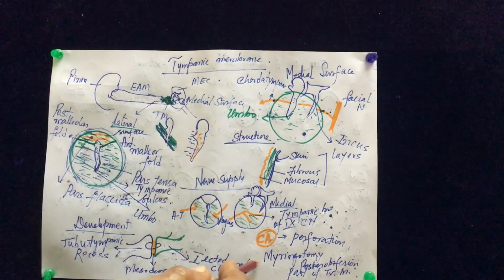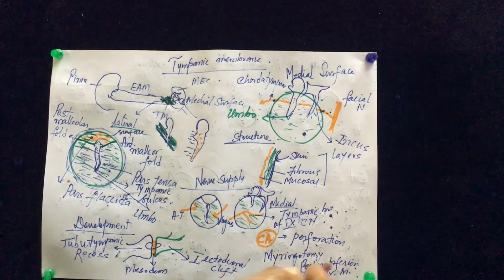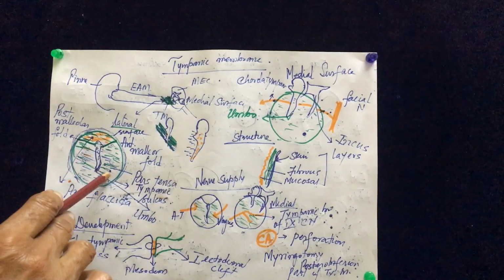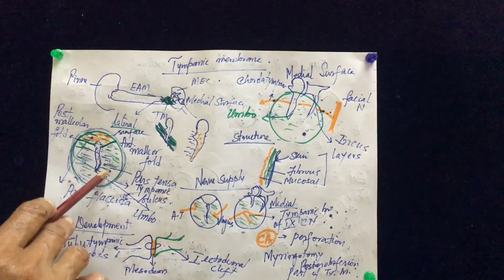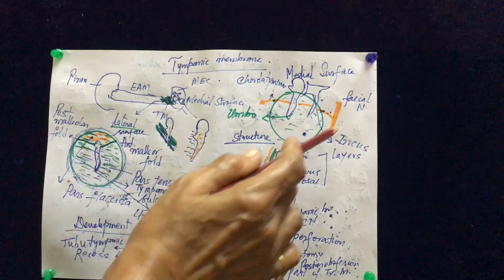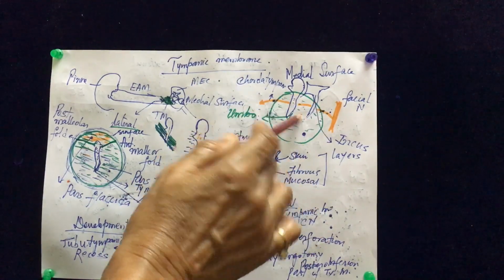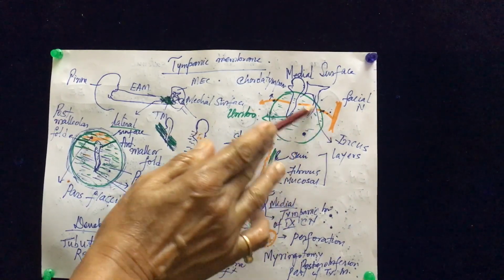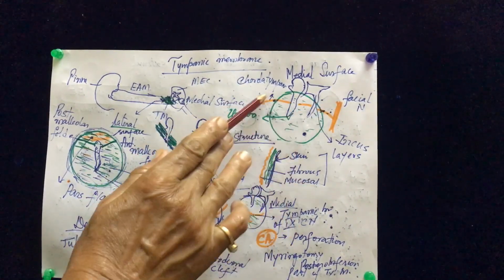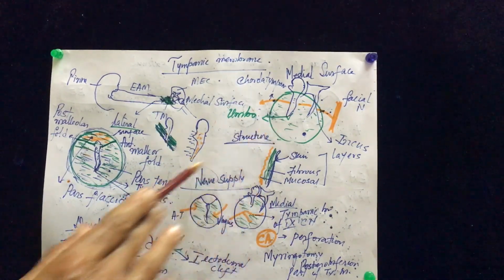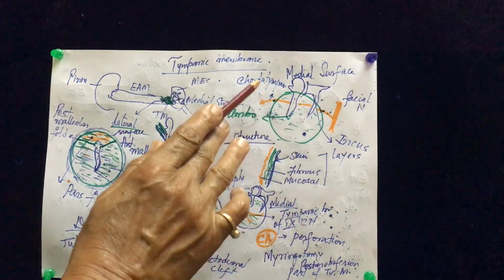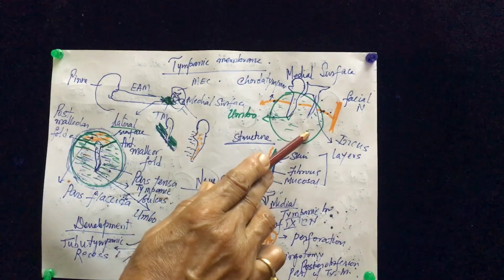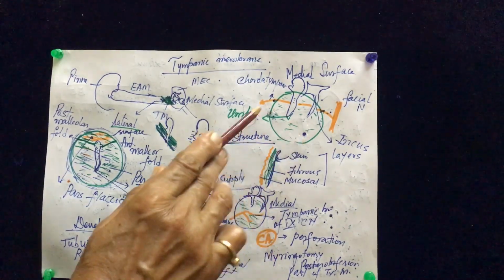In myringotomy, the opening is made in the lower posterior portion, to avoid injury to the chorda tympani. I told you the chorda tympani runs in the upper part of the medial surface of the tympanic membrane, so the myringotomy is done in the lower posterior part.